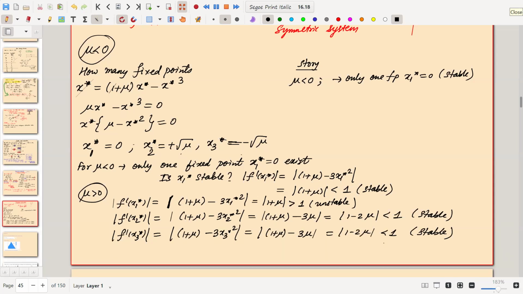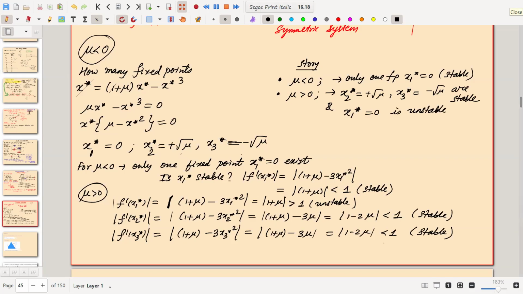So what is the story from this? The new story is, for mu greater than 0, the fixed points x2 star equal to plus root mu and x3 star equal to minus root mu are stable, and x1 star equal to 0 is unstable.